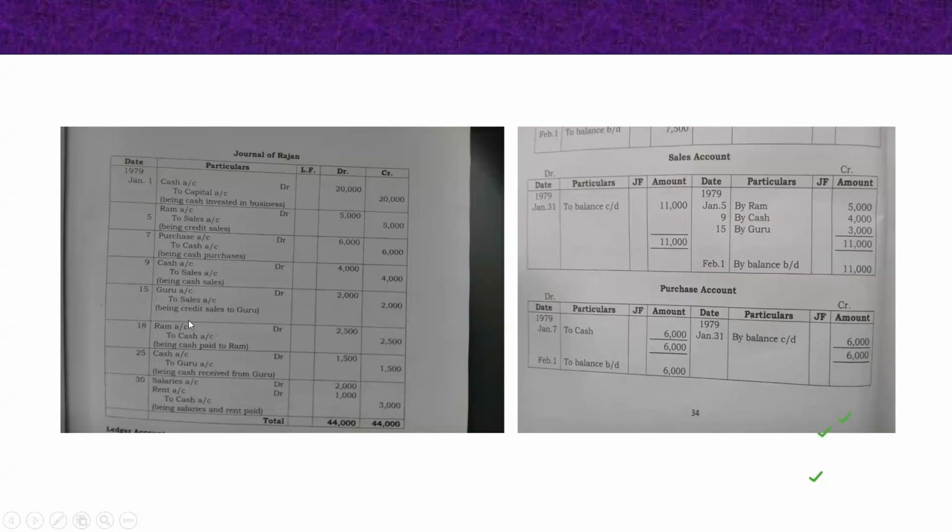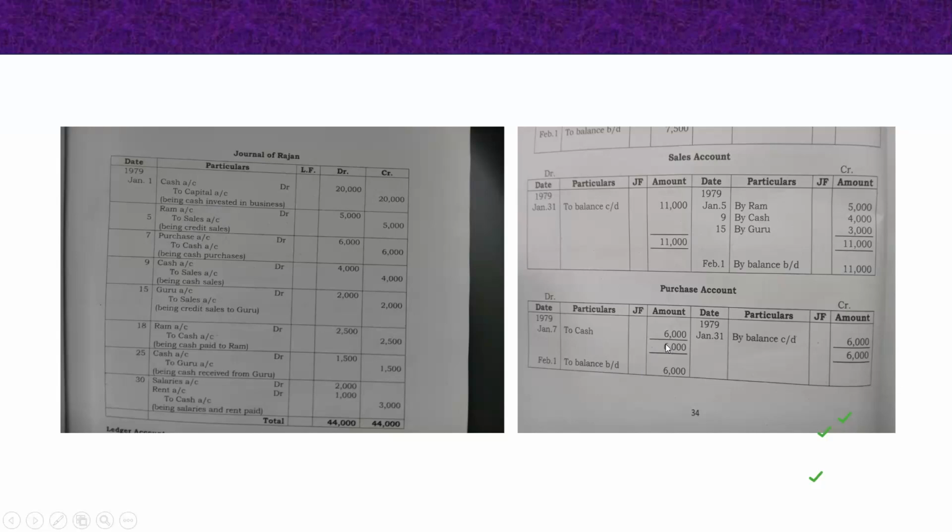And then we have the purchase. Whatever purchase we have done: on 7th, there is a purchase. Just one transaction, right? On 7th of January, there is a cash purchase.